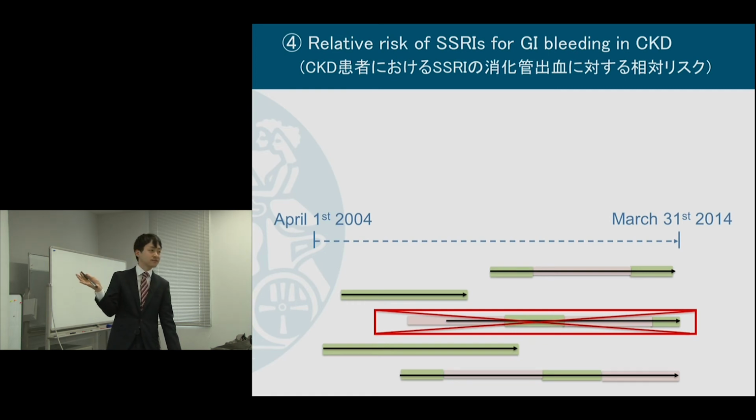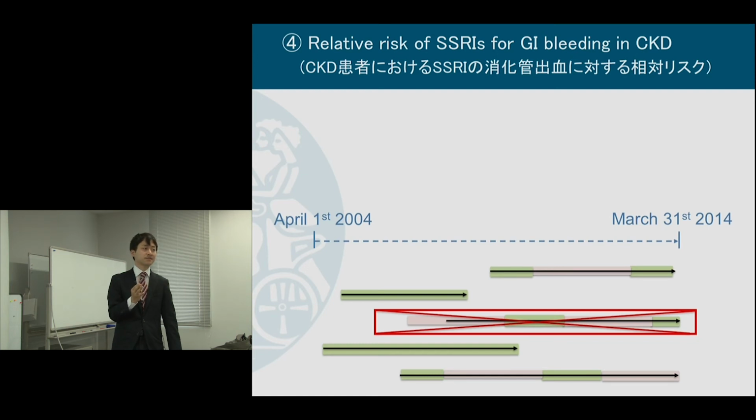And in 2016 or 17, it's already known that SSRIs risk GI bleeding. So it's highly possible that once doctors find GI bleeding, they may stop antidepressants or SSRI and never prescribe it again. So it harms the requirement or condition to use case-only design.